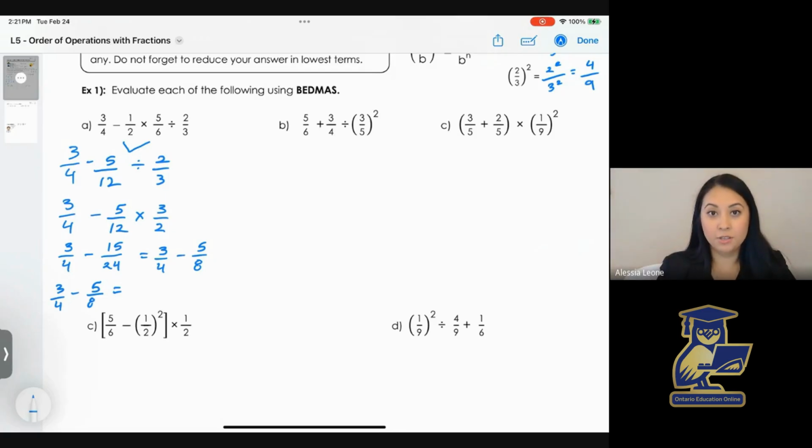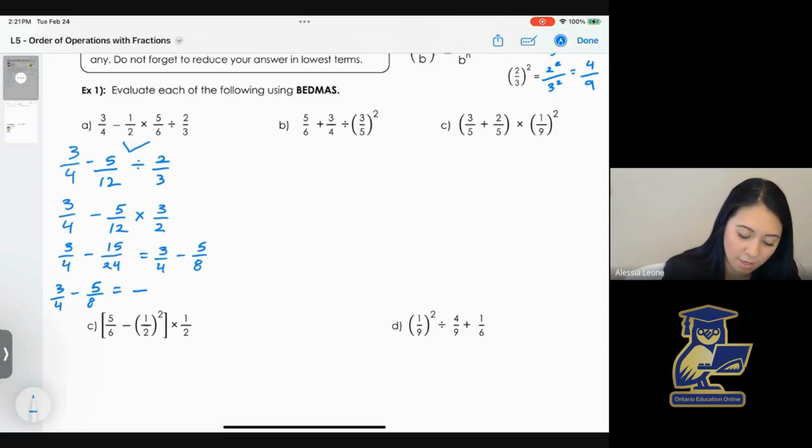And that is subtraction for fractions, which, when we think back to subtracting fractions, we have to find a common denominator. Let's use the 8 because that can work. 8 is a multiple of 4. So let's convert our first fraction with the denominator 8.